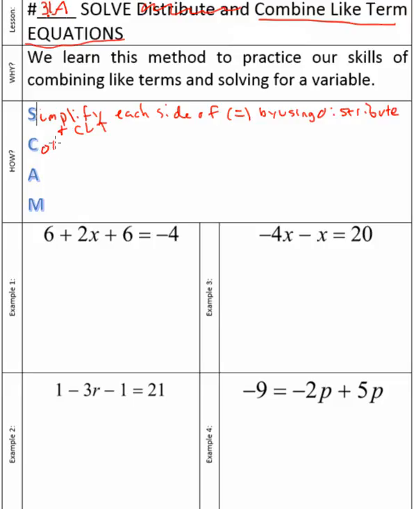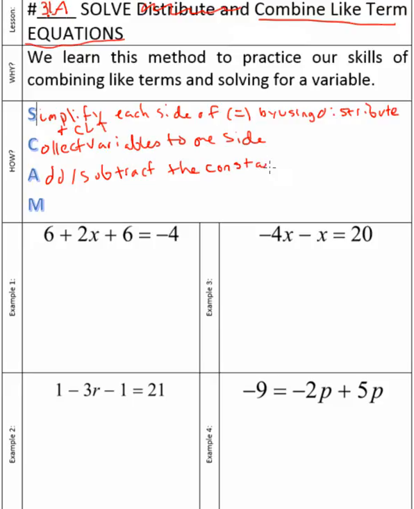Then we collect variables to one side. And then finally, we add or subtract the constant term, and then multiply or divide by the coefficient.